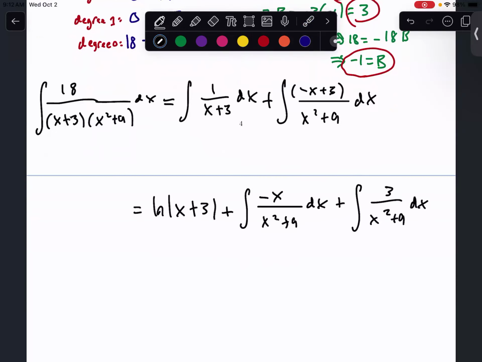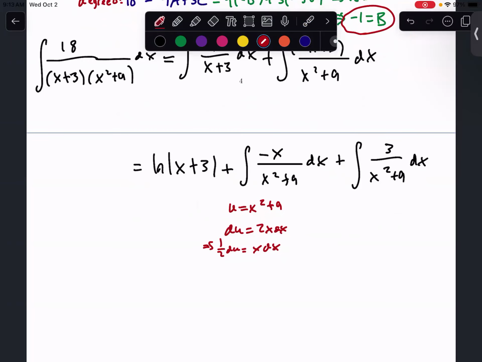Okay, and from here there's still a little bit more work to be done. If we wanted to find this integral, we can now use u substitution with u being equal to x squared plus 9. So we'll let u be equal to x squared plus 9. Then du is equal to 2x dx. This will imply that 1/2 of du is equal to x dx.